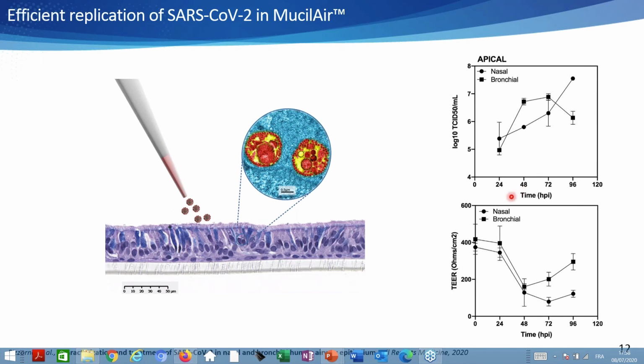But very interestingly, you could see that the transepithelial electrical resistance is modulated by the presence of this virus. Also, it's very clear that in all the conditions, the tissues are still tight, meaning that the values are higher than 100 ohm per centimeter square. However, there is a clear tendency of decreasing, might be due to activation of ion channels.